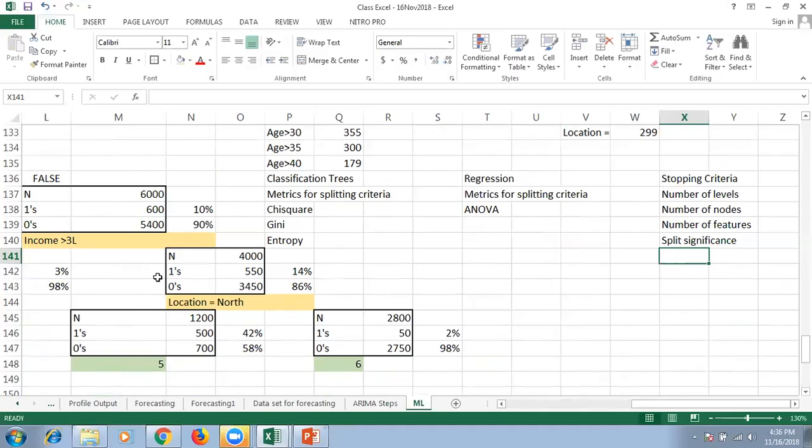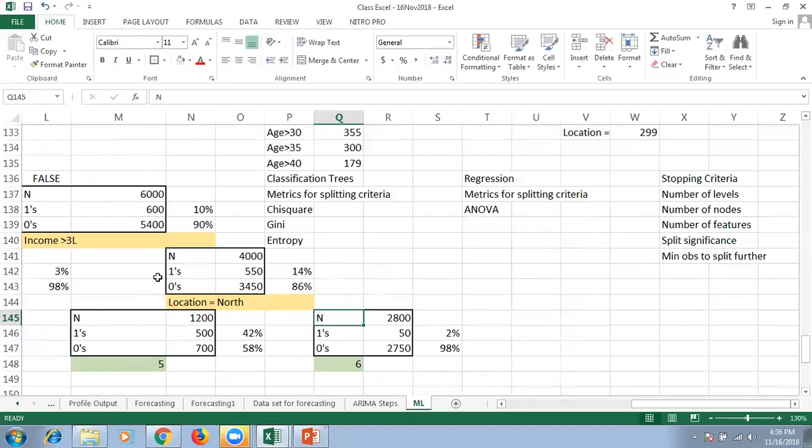And the other way of stopping is minimum number of observations to split further. Min-obs to split further. So what does that mean? If I want to split further, I should have a minimum number of observations, say 100. If the number of observations is less than 100, it will not split further. If it's greater than 100, then only it will be considered for splitting further.